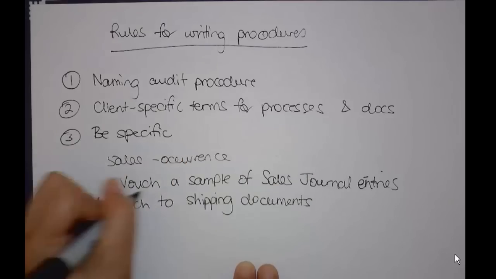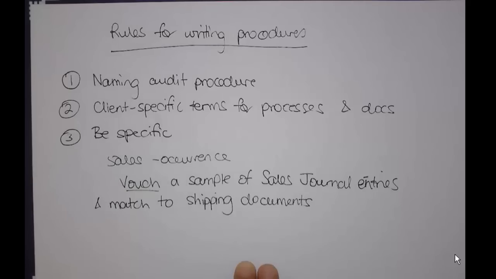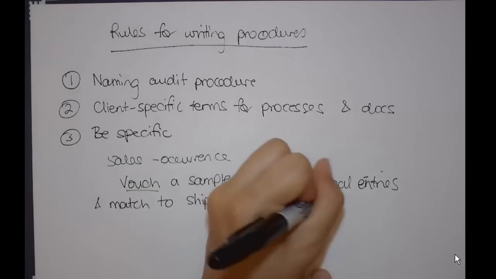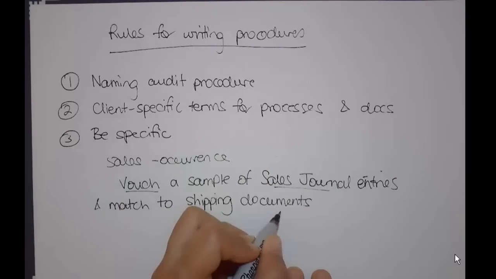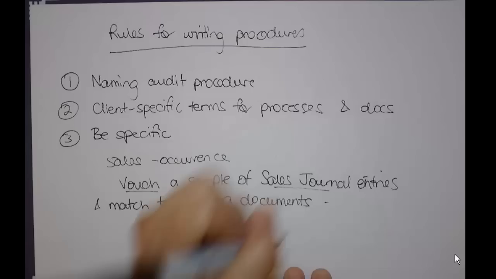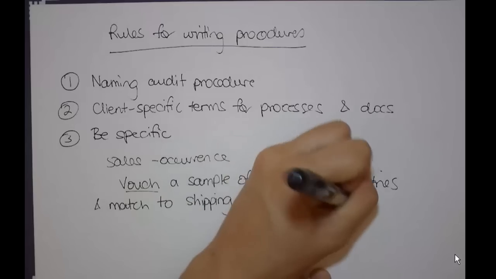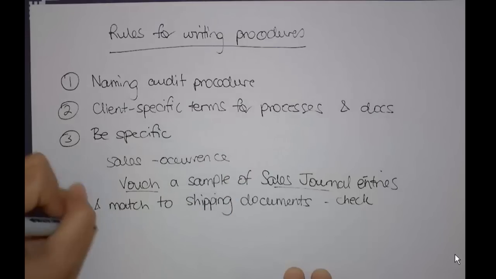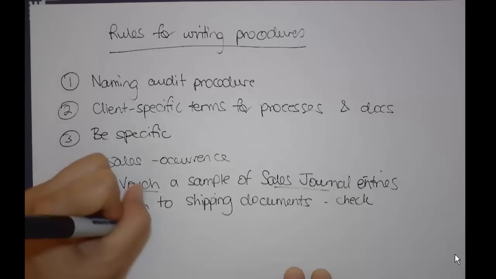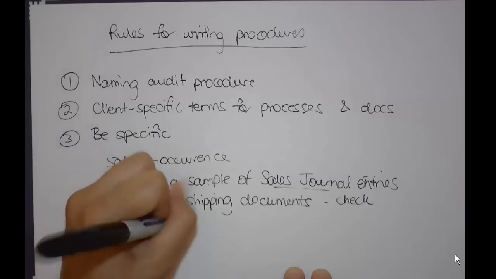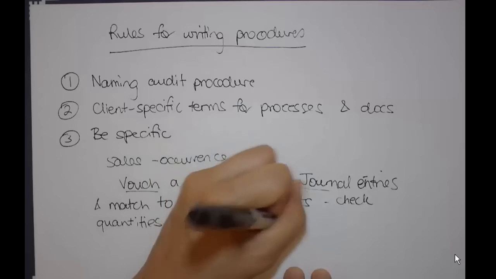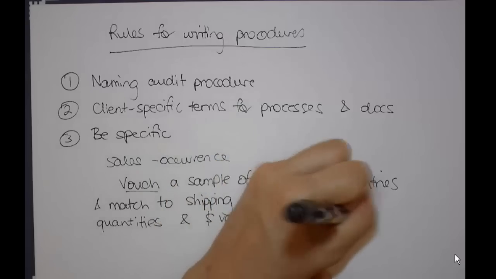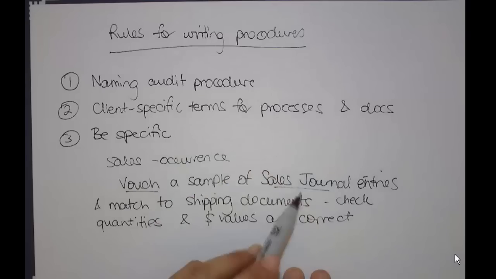Okay, so I've used my audit term. I'm telling you where I'm getting my sample from, and I'm saying exactly what I'm matching to. And I might even go a bit further there. Check quantities and dollar values are correct. Because if I'm vouching sales journal entries, I might also check dates as part of a cutoff test.